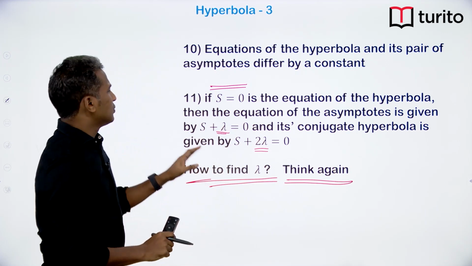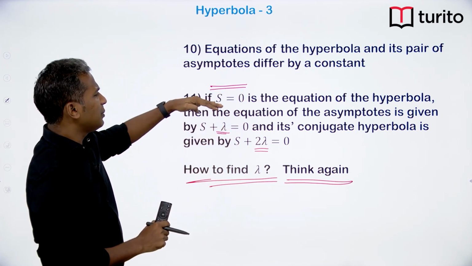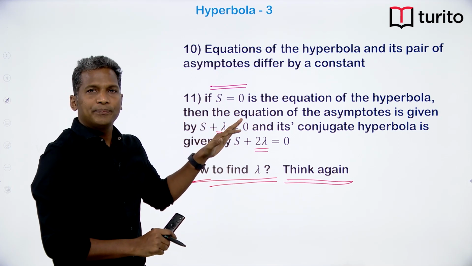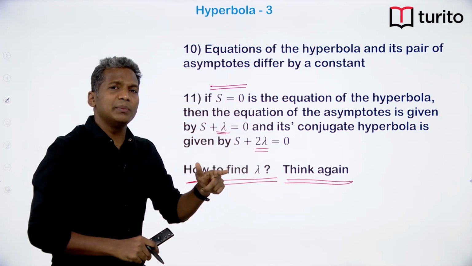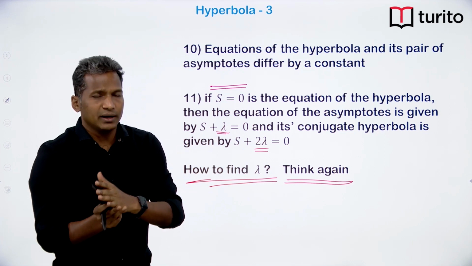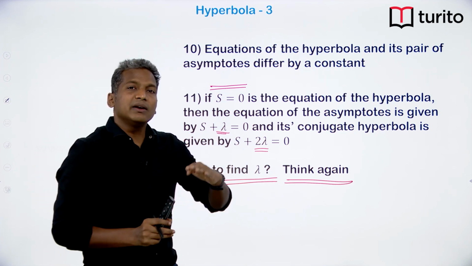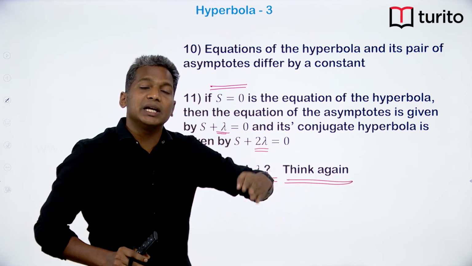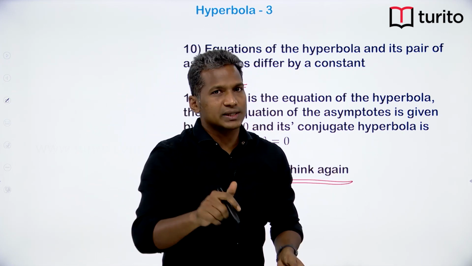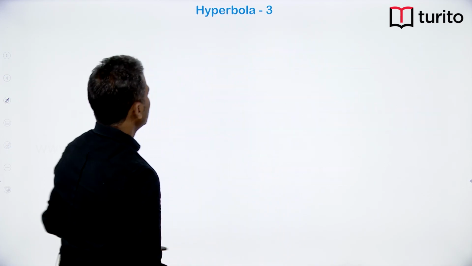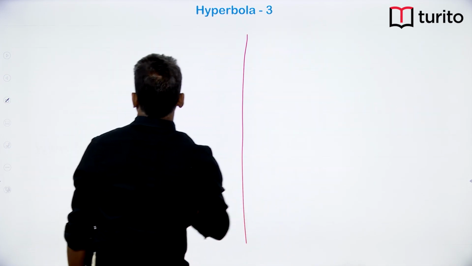Okay. So, if the equation of hyperbola is given, then getting lambda is one idea, but if the equation of asymptotes is given, then getting lambda is another idea. Let me explain these two ideas clearly once again. Suppose I have taken two cases here.